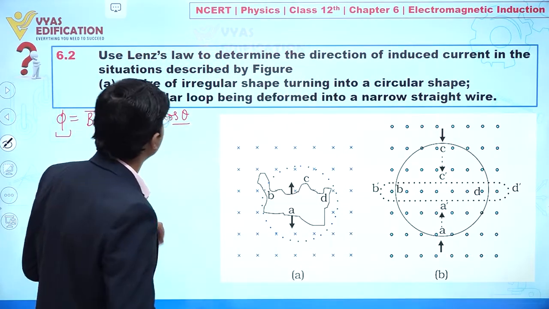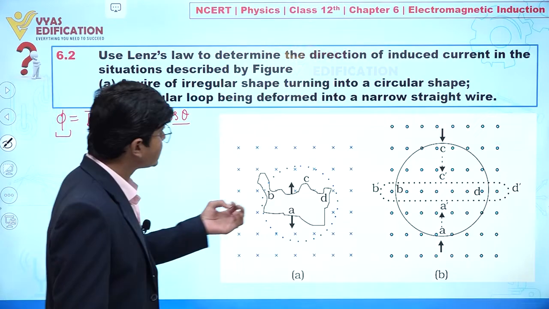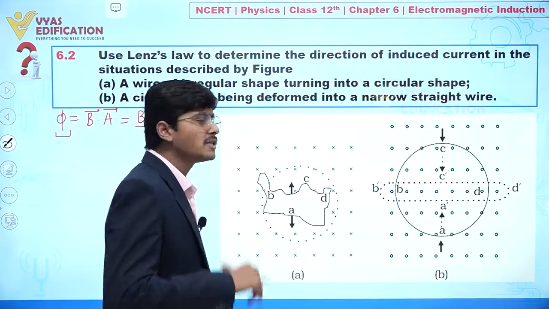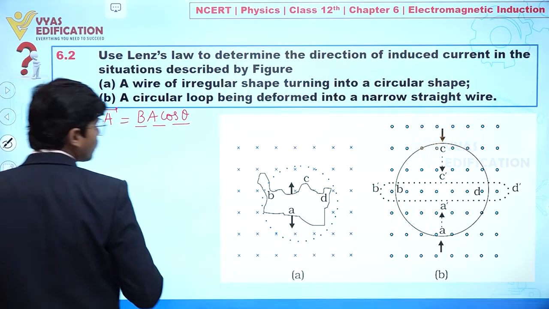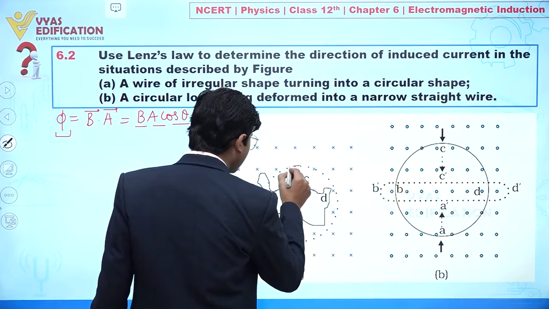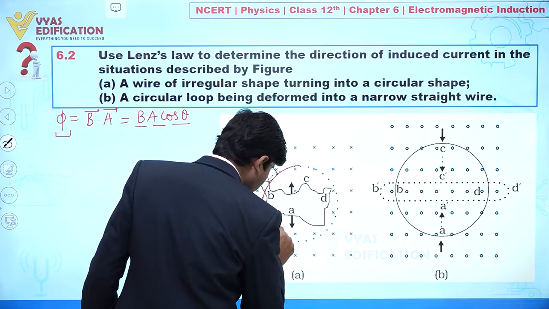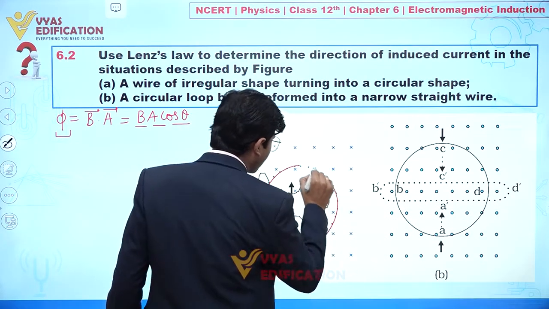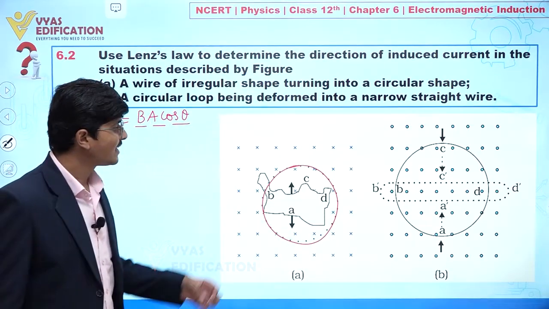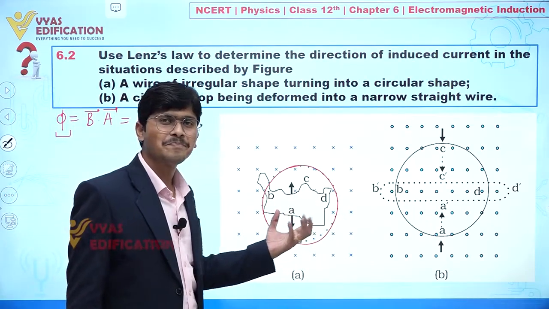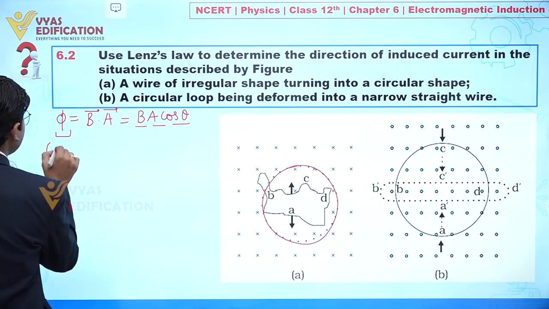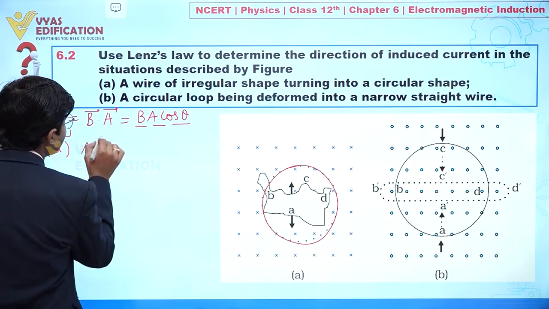Now listen carefully. In part number A it is given this irregular shape is changing into a circular loop, clear. If I am talking about area for part A, this area increases.